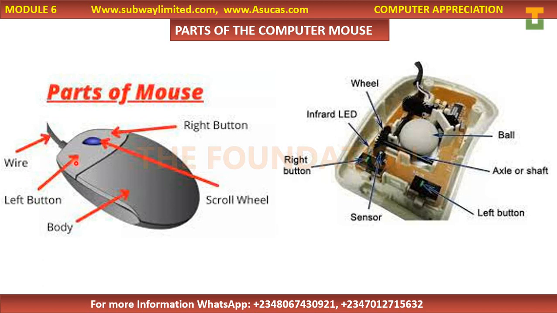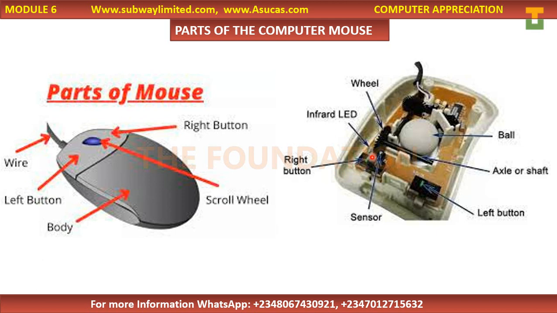This is your left button. This is your right button. We will use video to also explain this. This is the body of the mouse. This is the scroll wheel. Some people call it the center mouse.